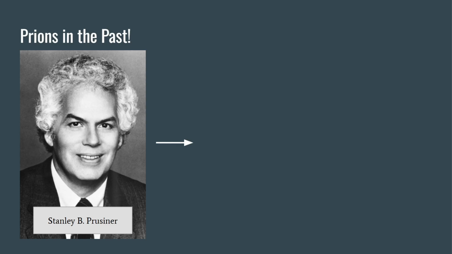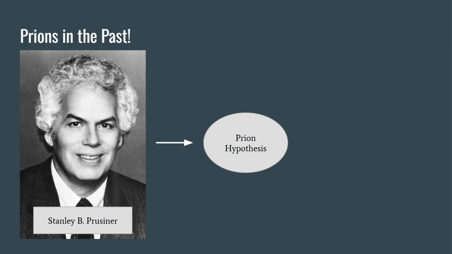In 1982, Dr. Prusiner proposed the prion hypothesis, and he also named the infectious agent of prion disease prions. The prion hypothesis was the concept that diseases can be caused by infectious proteins alone, and it had not been previously proposed. This caused a lot of skepticism in the field.